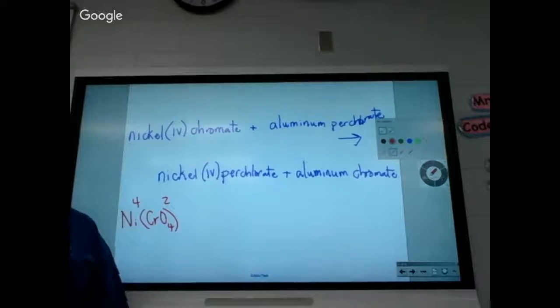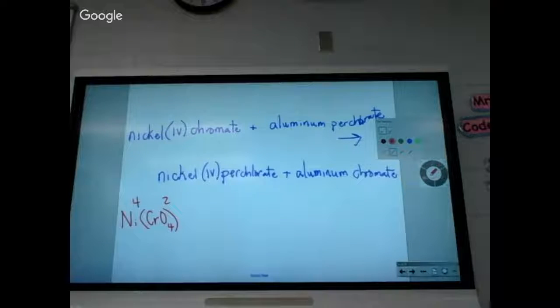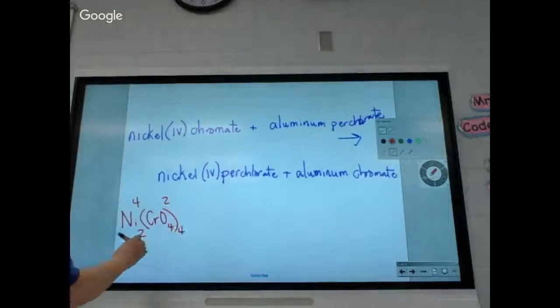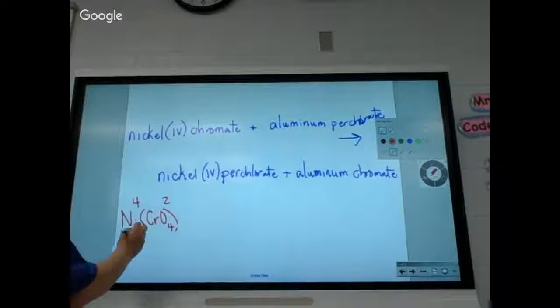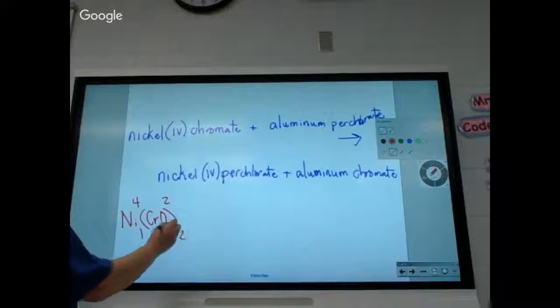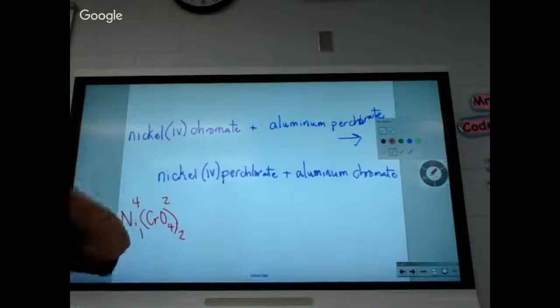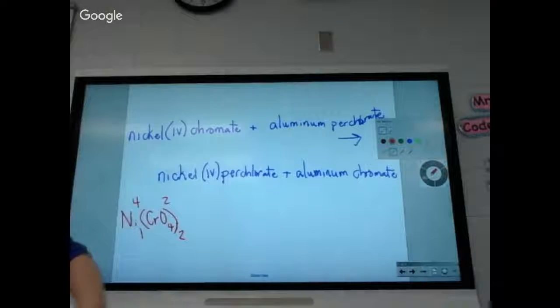One of the things you need to get good at noticing is when you look at your oxidation numbers, you need to notice what's going to happen to them. Are they going to cancel out? Are they going to reduce? A 2 and a 4 in math class would do what? 1 and 2. They're going to become a 1 and a 2. So if you bring your 2 and your 4 down, that's not a problem. But make sure you notice that that 2 and that 4 are going to become a 1 and a 2 because they're going to reduce. Okay? We've been crisscrossing long enough at this point that you should notice those things.